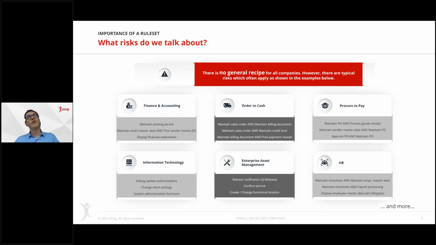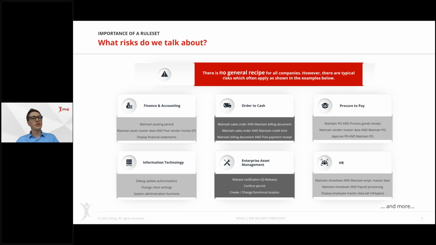However, we would always talk about the same standard risks in terms of purchasing, order to cash, things like that, where we have some common risks that basically all organizations have to deal with. Typically those are the risks that need to be addressed also from a SOX perspective.